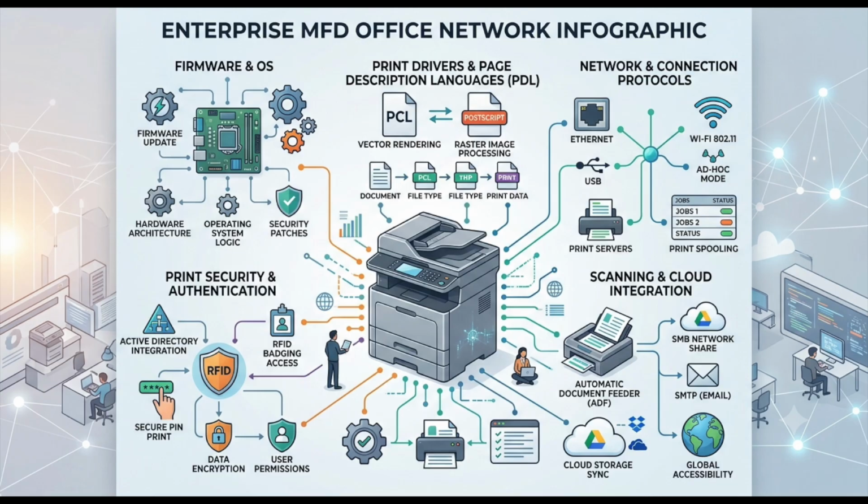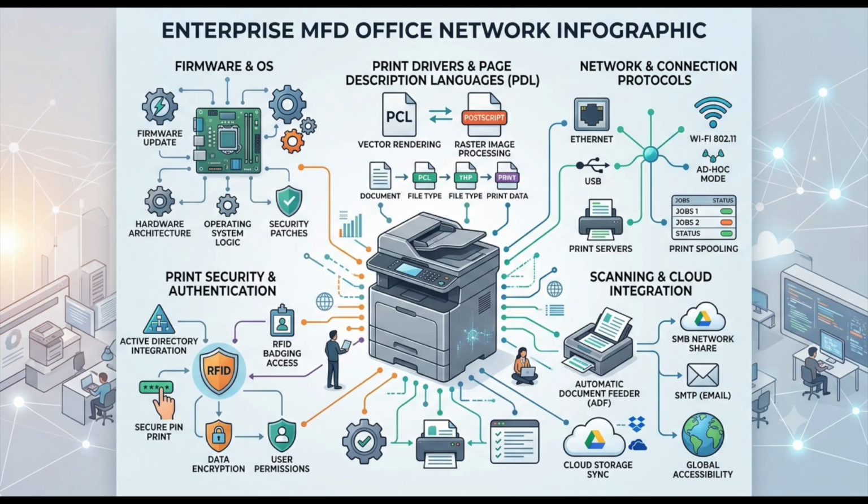The desktop basically becomes the absolute gatekeeper for the physical hardware. Right, because the moment that specific user decides to restart their machine for an update or powers down at the end of the day, the MFD virtually vanishes from the entire network. Exactly. Everyone else is locked out. The hardware is sitting there powered on, but the logical pathway is completely severed.